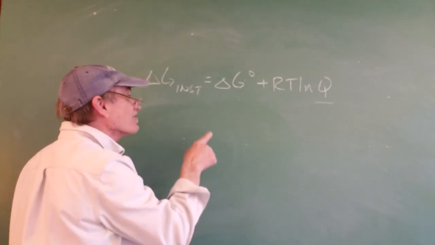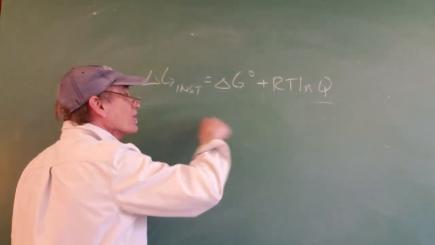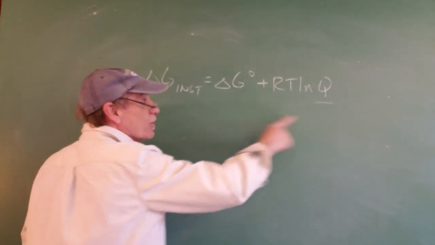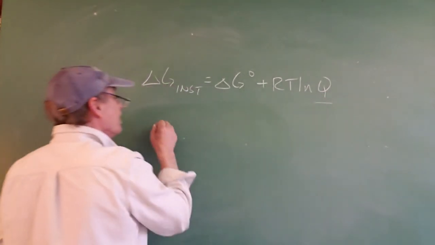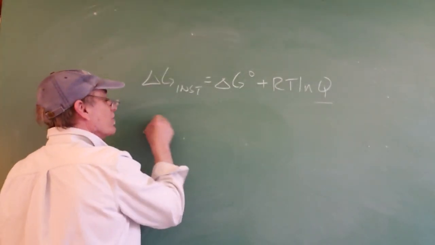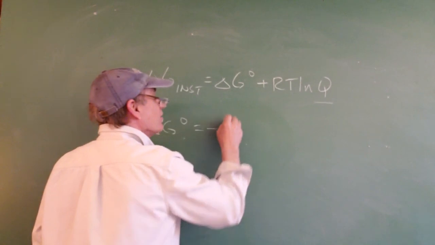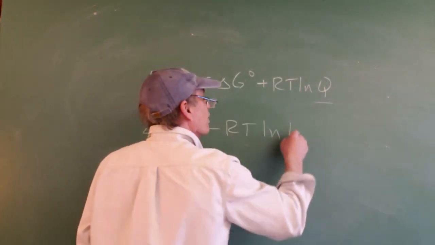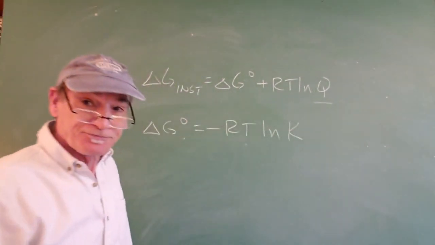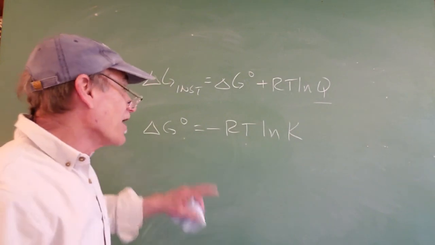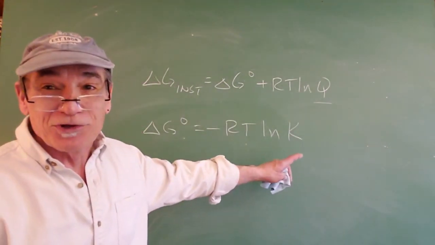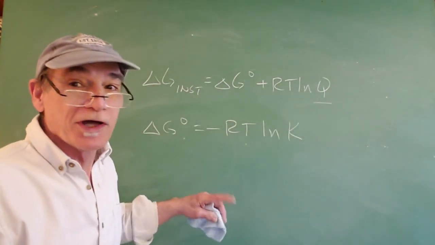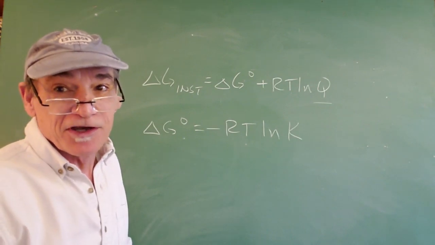But we use this to approach equilibrium where delta G instantaneous is 0 and Q is equal to K to come up with this equation, that delta G naught is minus RT ln of K. Now this one I like because it's a real easy relationship between the two. If I give you one, you should be able to give me the other.